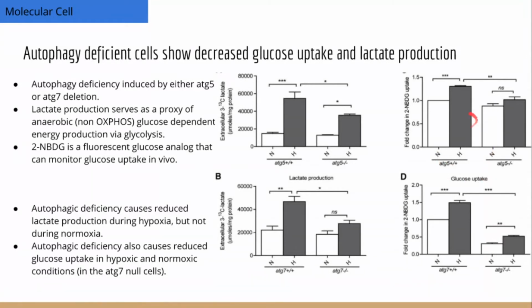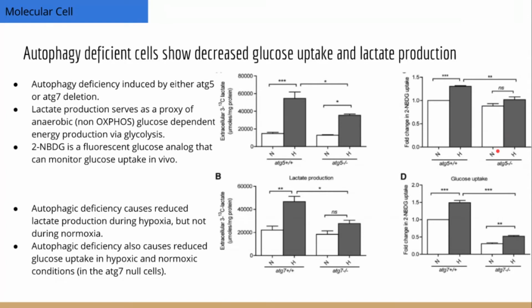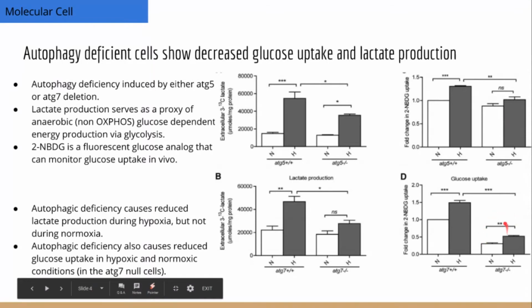Now, I'm personally very curious as to why the ATG5 and ATG7 deletions produce such different results, because it's my understanding that both proteins are equally important to autophagy. So I don't really understand why we would see a difference between these two experiments. But nevertheless, ATG7 deletion did significantly reduce glucose import in both normoxic and hypoxic conditions.